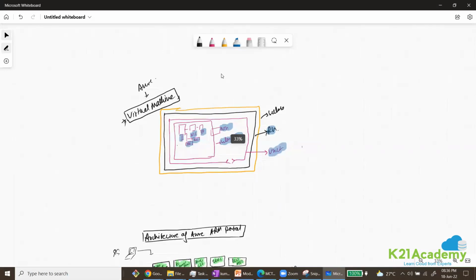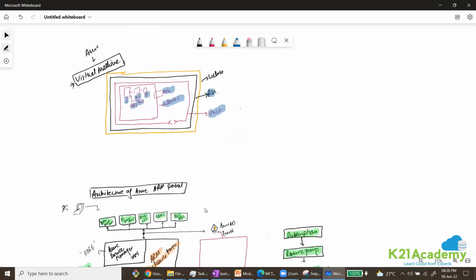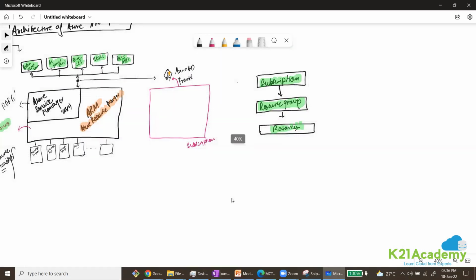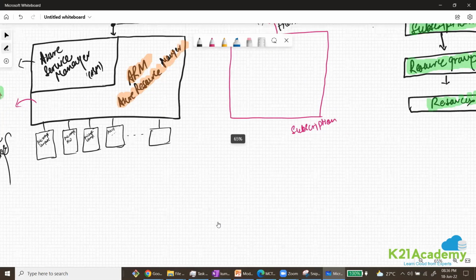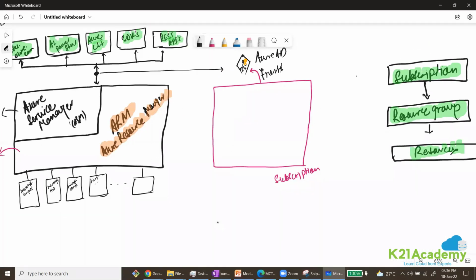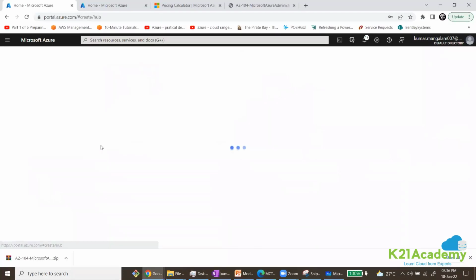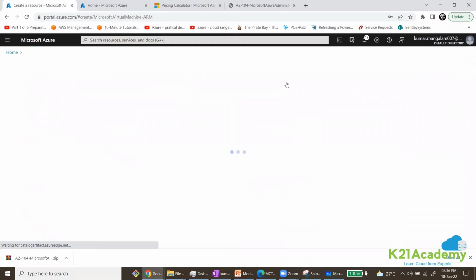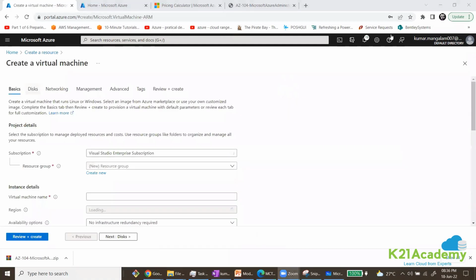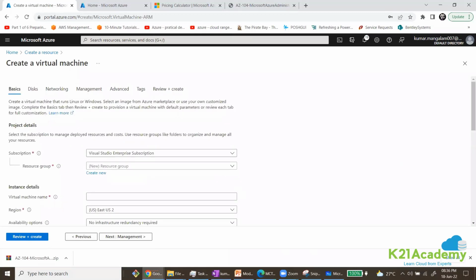Now, coming back to this picture. I don't think I'll be able to add that one here, but okay. Now, when you log into your Azure portal, your ARM portal, you go to create a resource, and you go here, create a virtual machine, and a form will come up like this, and you will fill up this form, all the sections, and then you will click on review and create.